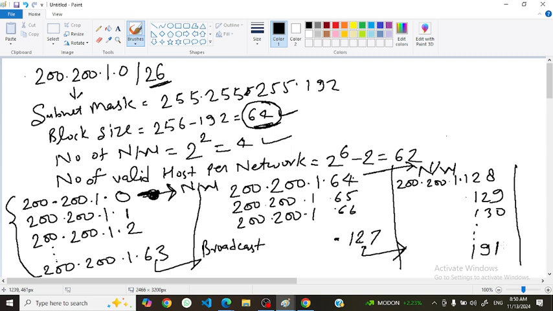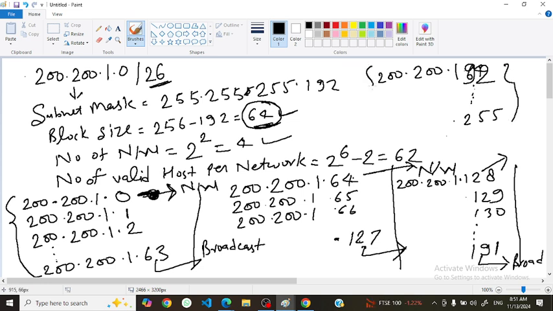This will be the network ID, and this will be the broadcast ID. And the last one will be 200.200.1.192 to 255. Is it clear for everyone how we will write the IP addresses?